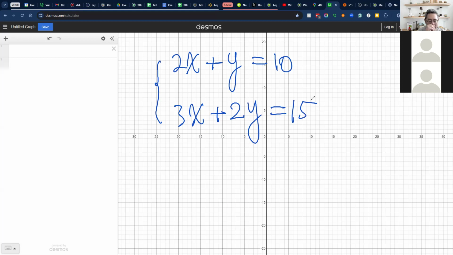And we're solving for both variables. Yep. Okay. This is called a system of equations. We got two variables, or we should say two unknowns. So we have to find them.